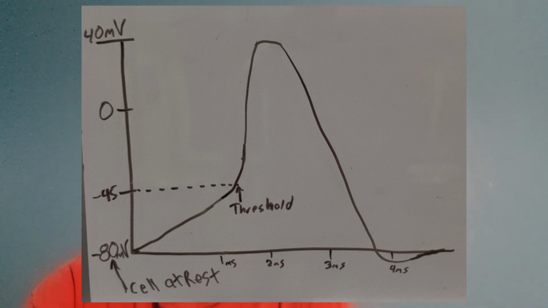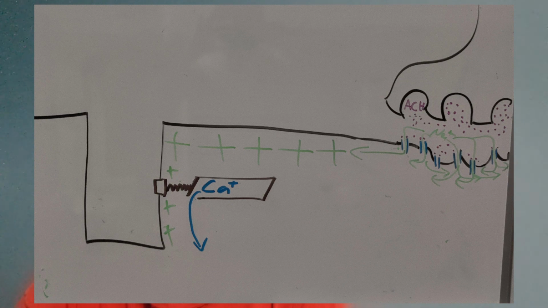The sodium will then flood the cell, and you will depolarize the entire membrane of the cell very quickly, within about 1.5 milliseconds. It goes very, very quickly. However, if you do not get the voltage gated area to threshold potential, it will not occur.